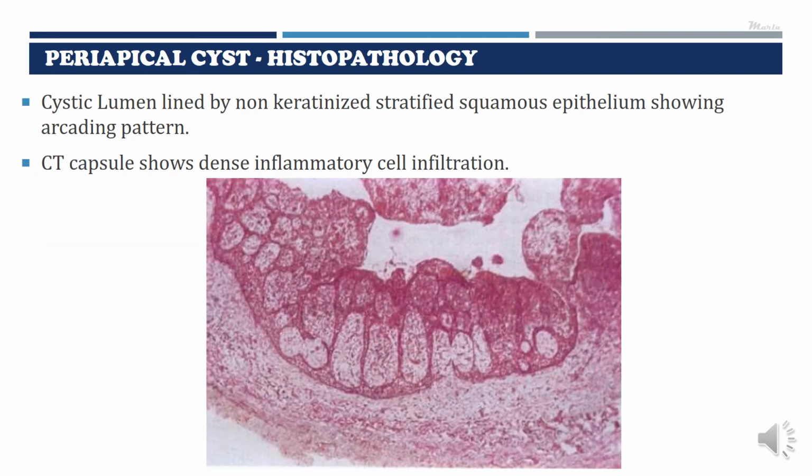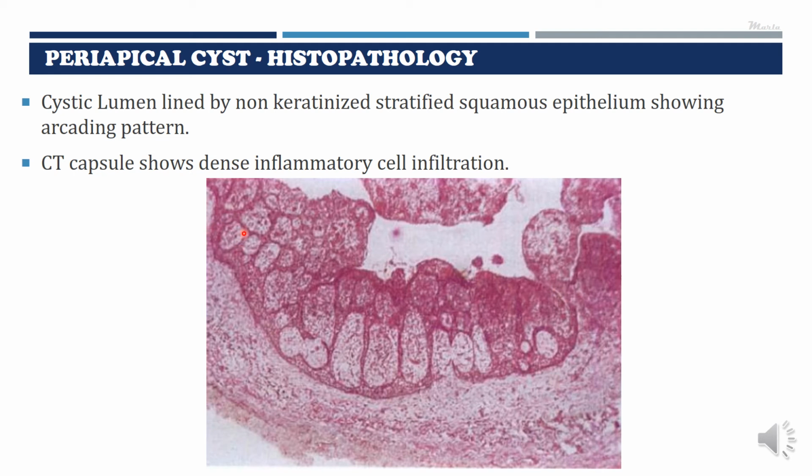Histological evaluation of a radicular cyst will reveal a cystic lumen which is lined by non-keratinized stratified squamous epithelium. A characteristic feature of the lining epithelium is that the epithelial cells are arranged in an arcading pattern. The term arcading is synonymous with the arc-shaped bridges seen in the European countries.